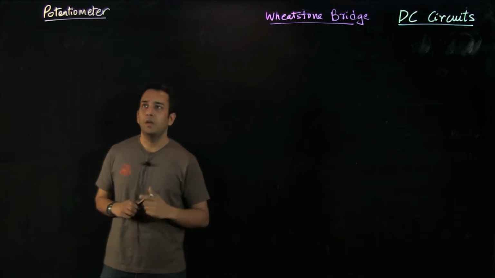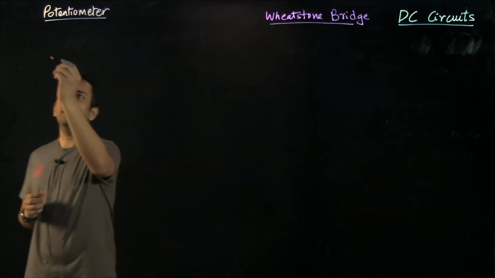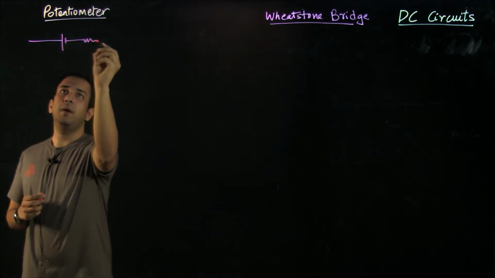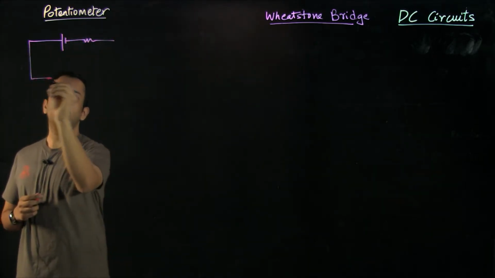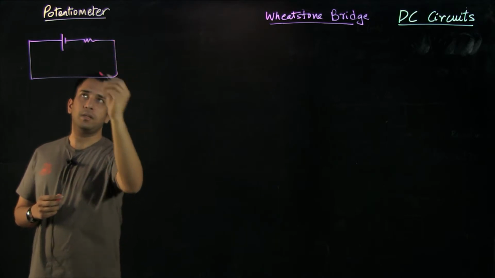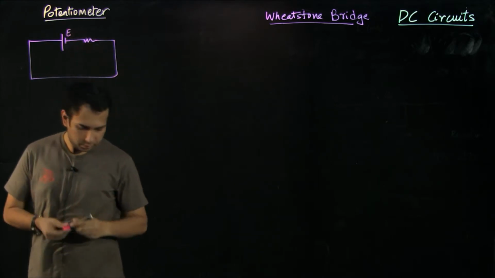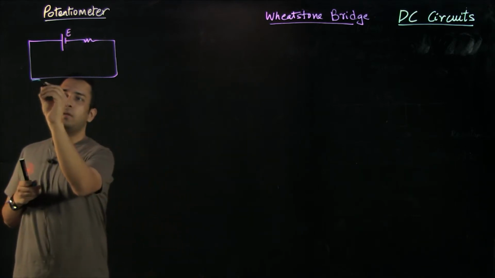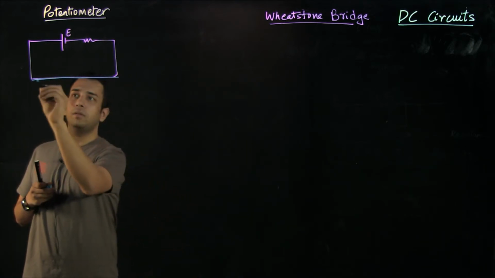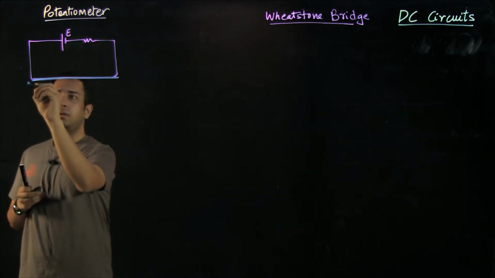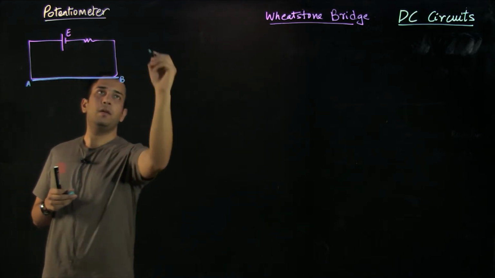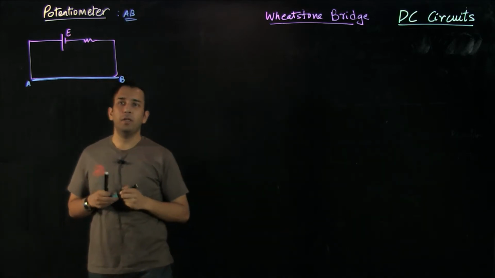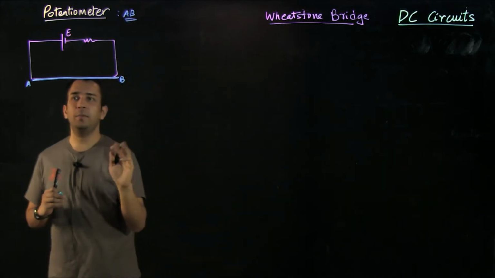The potentiometer is a device, so let's say I have a battery and a resistor, and this is my circuit. So AB is my potentiometer device, and the property of a potentiometer is that it has 3 terminals.